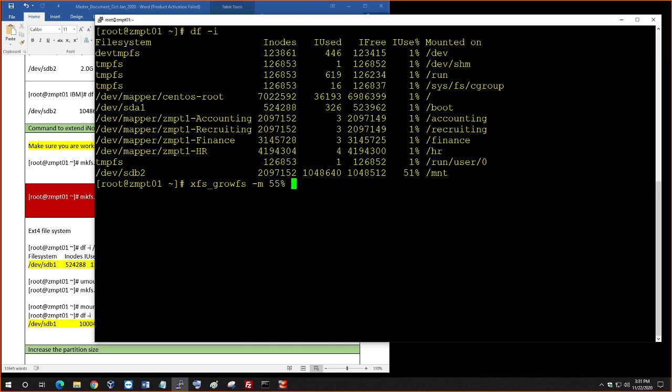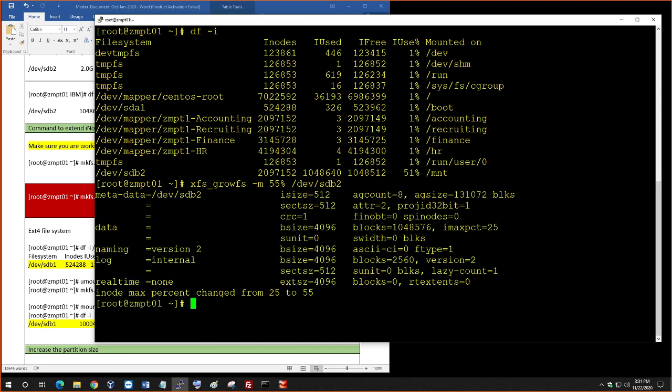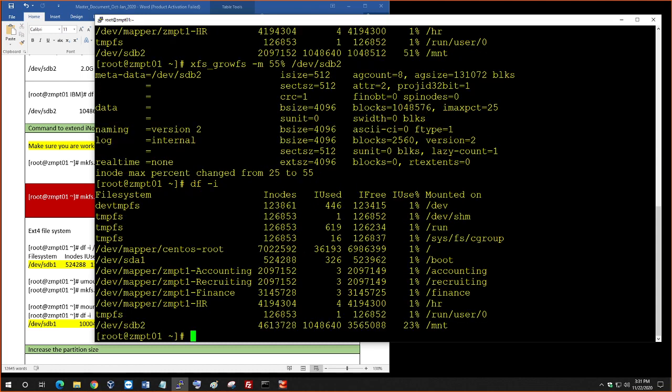And on which disk you want to do it, /dev/sdb2, and I'll hit enter. And then if you do df -i and hit enter, you see here /dev at 55%.